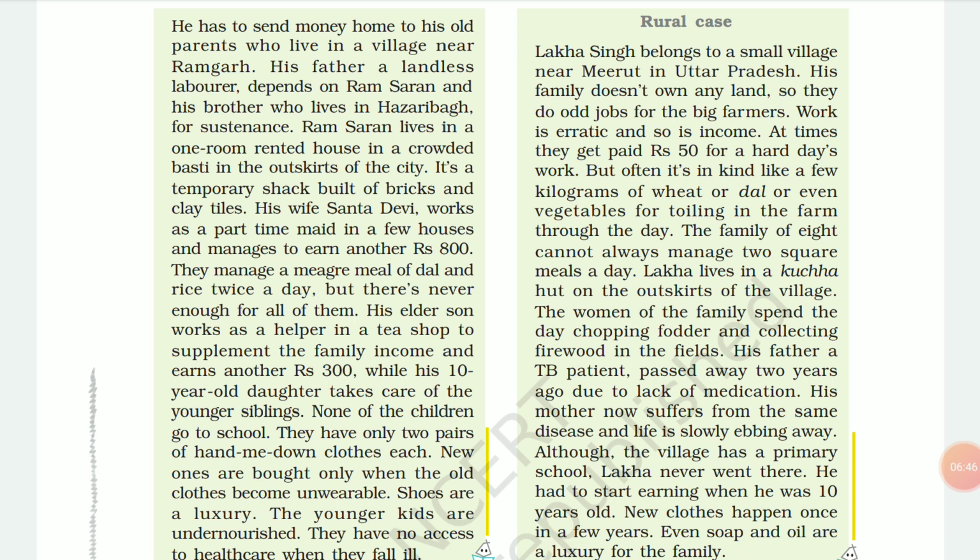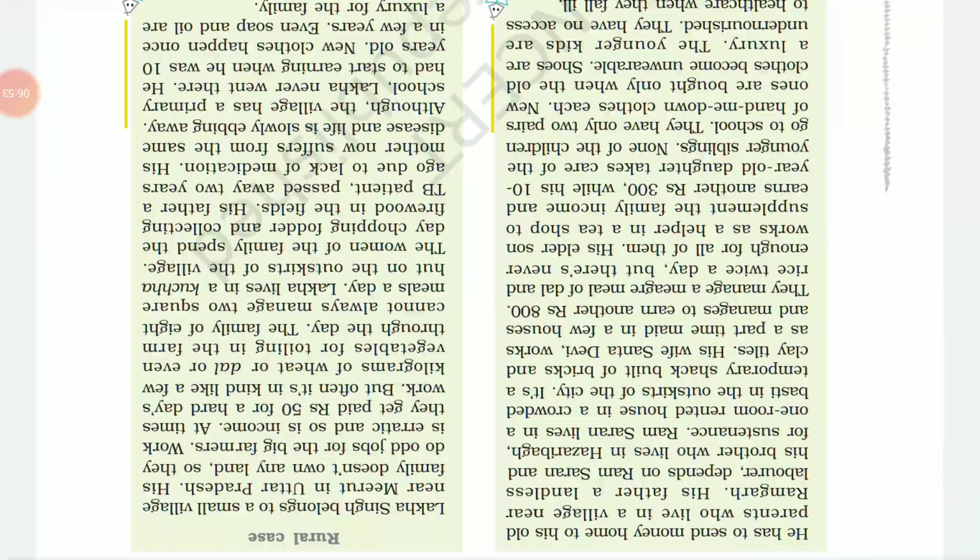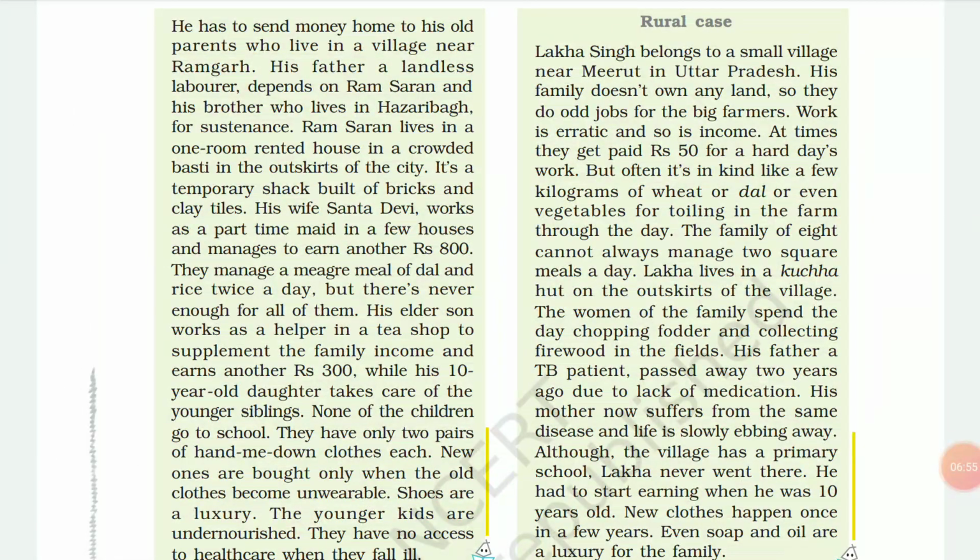So if you see in both the cases, if you talk about Ram Charan's family or Lakha Singh's family, in both situations they do not get a proper meal. Both the families do not provide a balanced diet to their family. They do not have proper medication. None of their kids are going to school.